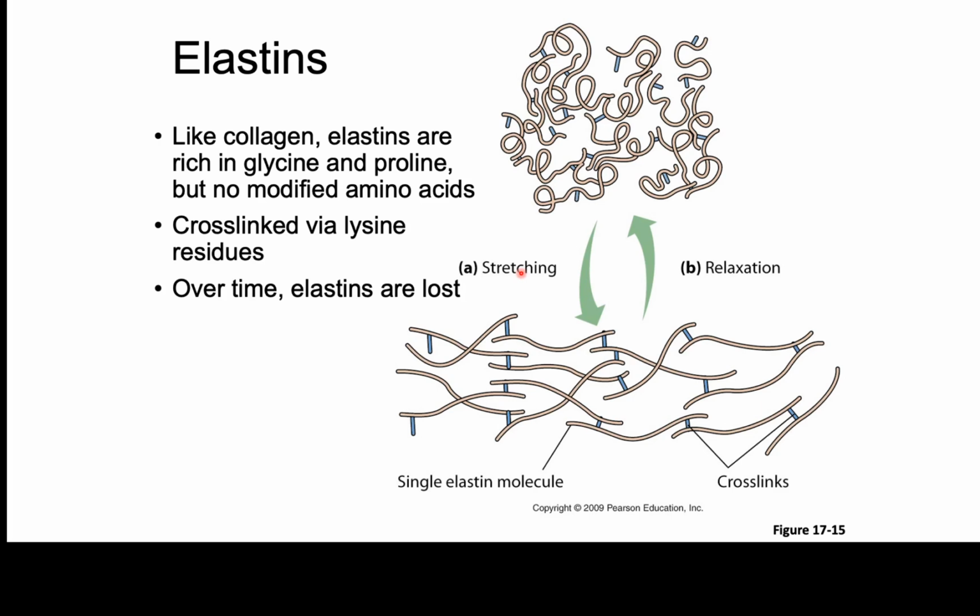So they are cross-linked at their lysine residues. If a cell undergoes some kind of stretching force, these elastins can stretch out and maintain the cell's integrity. When the cell isn't under that stretching force, they can kind of dissociate and be ready for the next impact.